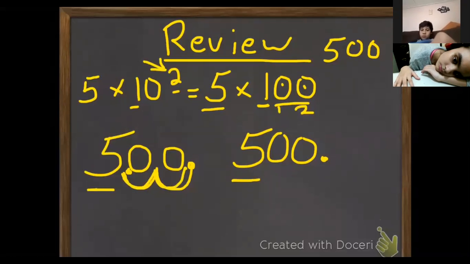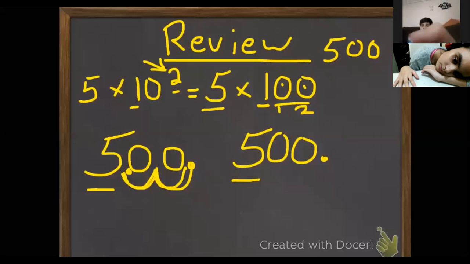When we're multiplying, our number gets bigger, so we have to shift to the right to make the number bigger. We went from 5 to 500. So now we know why the quick trick works, and we're going to need to understand that for the rest of our multiplying of decimals. The new quick trick is not just throw zeros on the end. We shift the decimal to the right in multiplication based on the powers of 10.